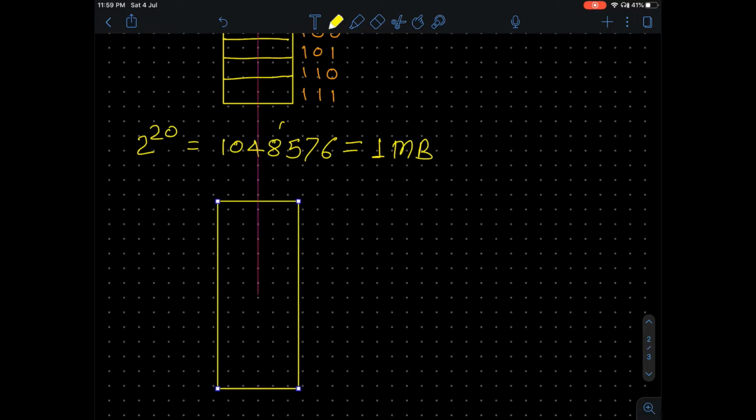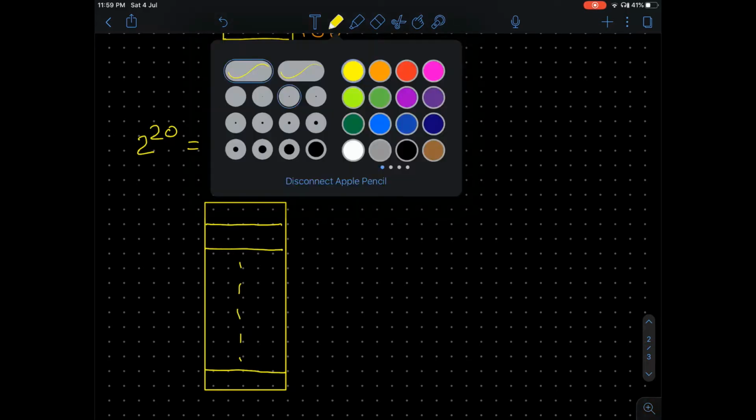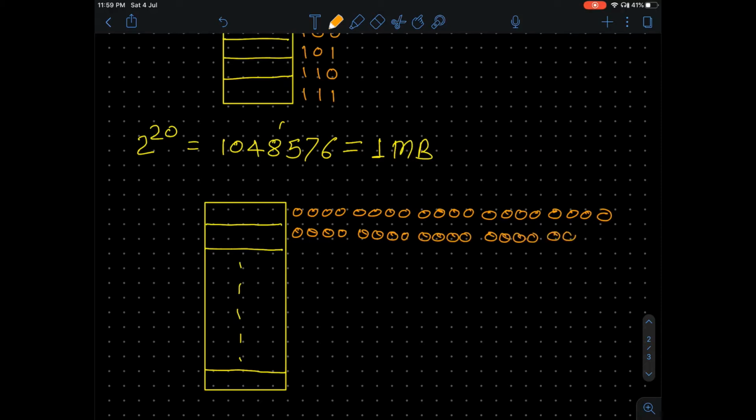Now this is the first location. This is the second location and this is the last location. First address is 20 bits of zeros.